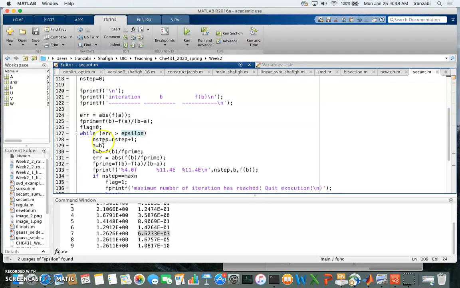But now we have the f prime, we have the error, which is the absolute value of the f at point a. If the error is bigger than the epsilon, that means we haven't converged, we have to iterate. In every iteration, we're going to replace a by b, and then b by this new expression.